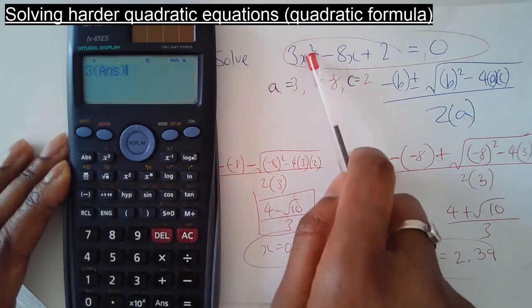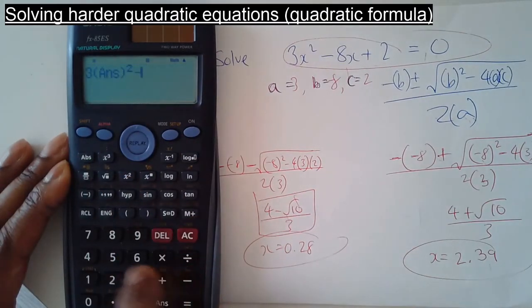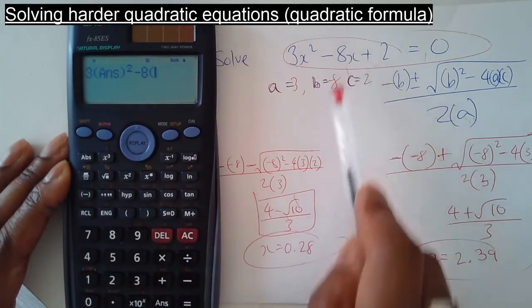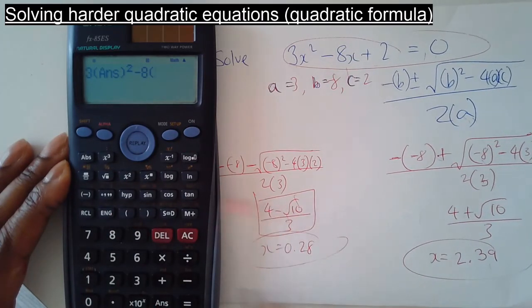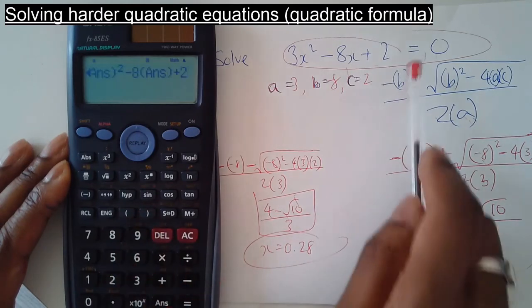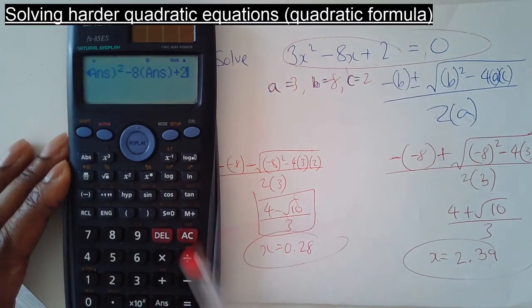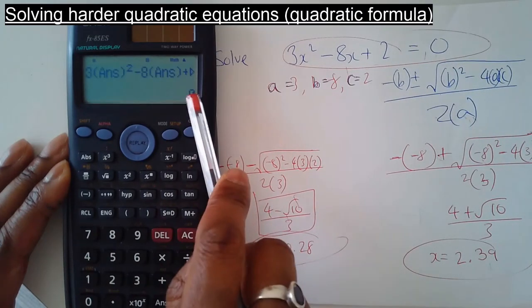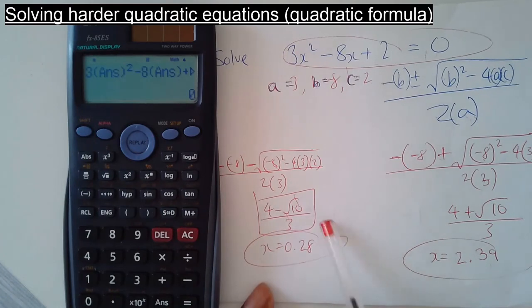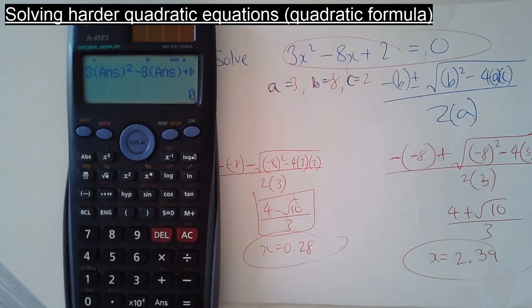That's squaring. Again, X, I'm taking on the value stored in Ans, plus 2. Now, if I press the equal button, I should get 0. If I've done everything right, it should be equal to 0. There you go, 0. I've got my 0. So what I did earlier on was correct.